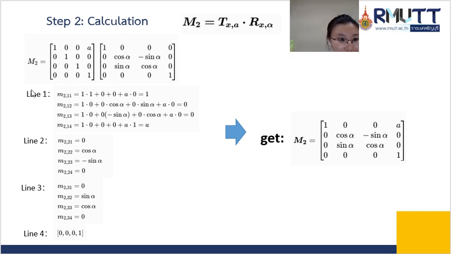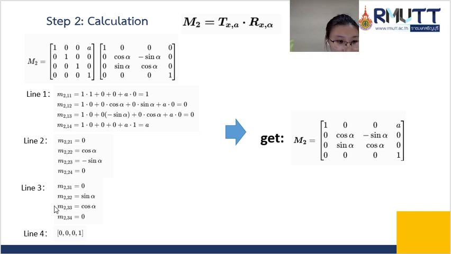The first row is 1, 0, 0, a. The second row is 0, cosine alpha, negative sine alpha, 0.